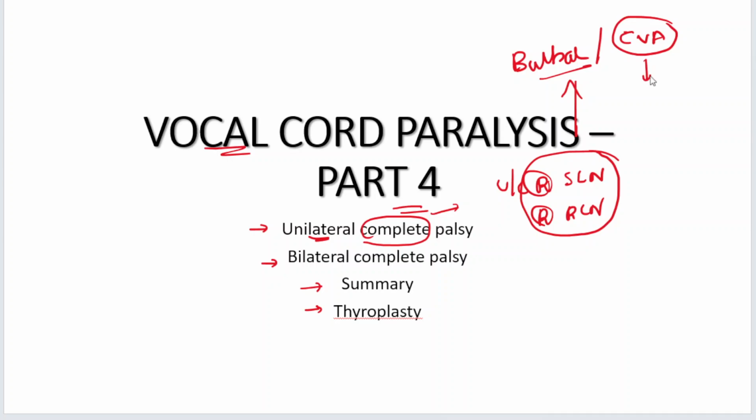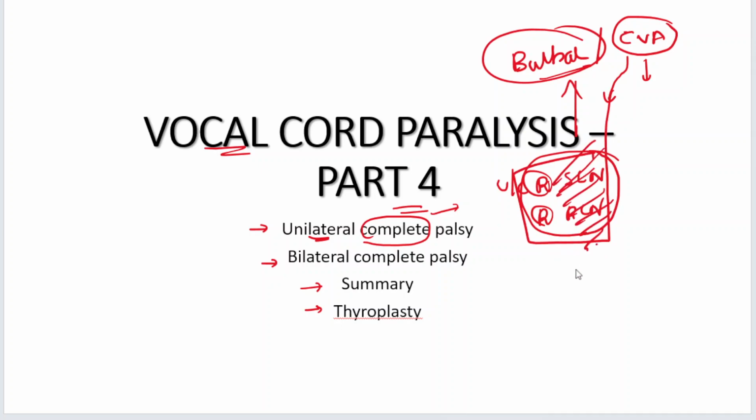He may have paralysis of one side, and that may be affecting the medulla. Then the patient is going to have, in addition to many other palsies, palsy of the one-sided vagus, causing right-sided superior laryngeal and recurrent laryngeal nerve palsy. So this is one kind of presentation that we see in the clinic.